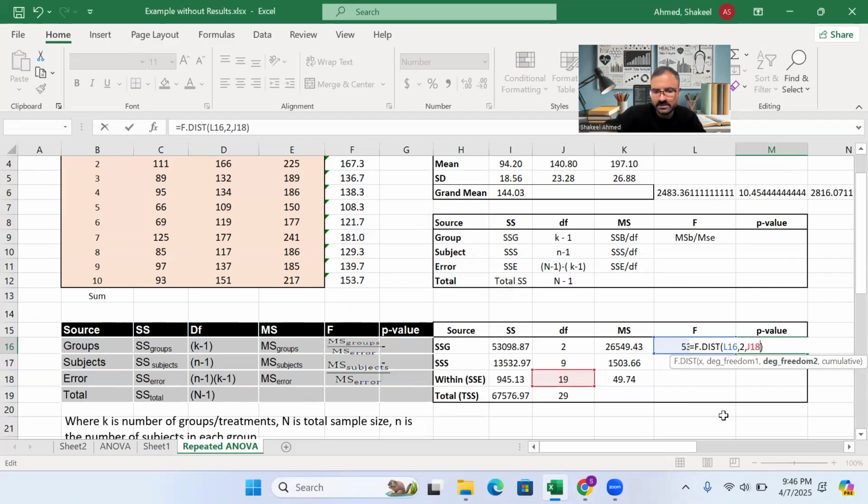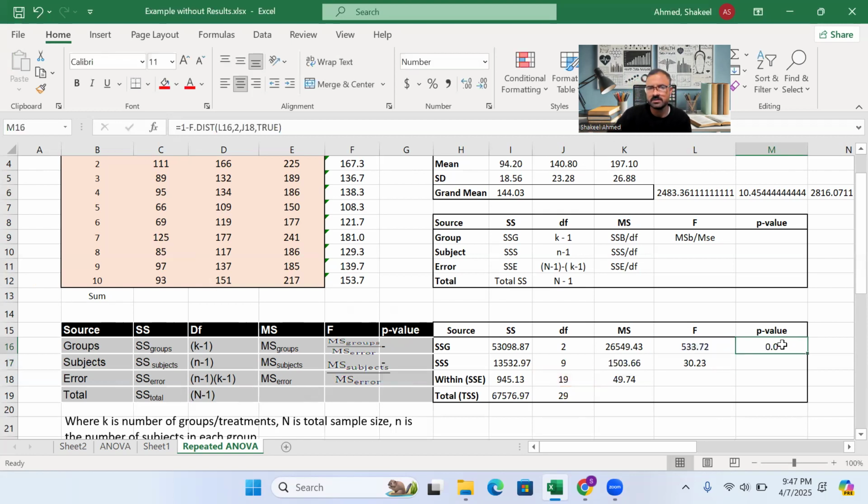And it should be 1 minus this cumulative value, as it will provide the area below the critical value, so we need the area above the critical value.